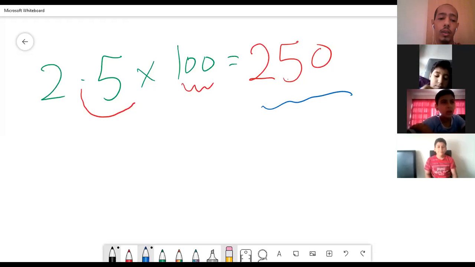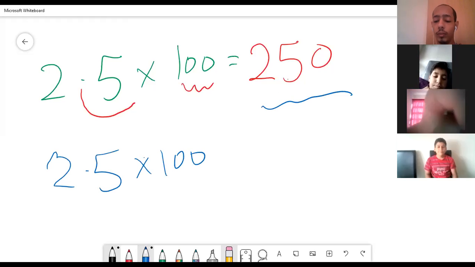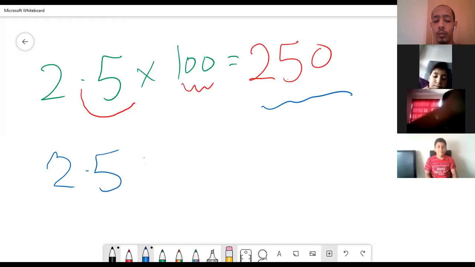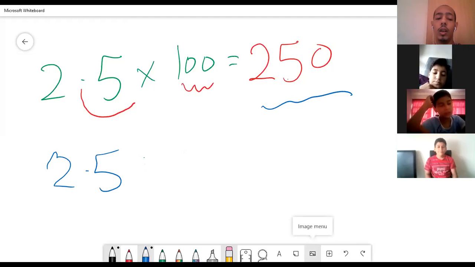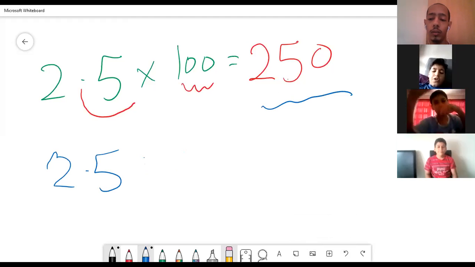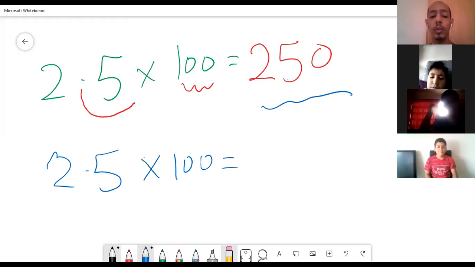The number is 2.5, and you multiply it by 100, okay? When I multiply 2.5 by 10, it is 25. When you multiply by 100, it is 250. If you multiply by 1,000, it will be 2,500.